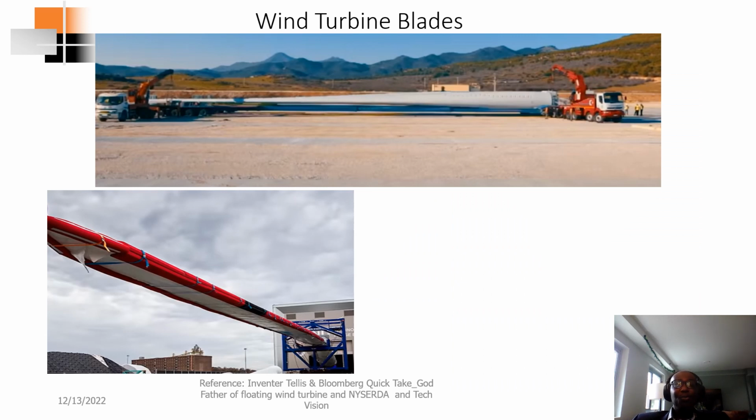Okay, so many of you have not seen how a wind turbine blade looks. This is the size of a wind turbine blade, and as you can see over here, it is being carried by 2 trucks. That's how they transport this.